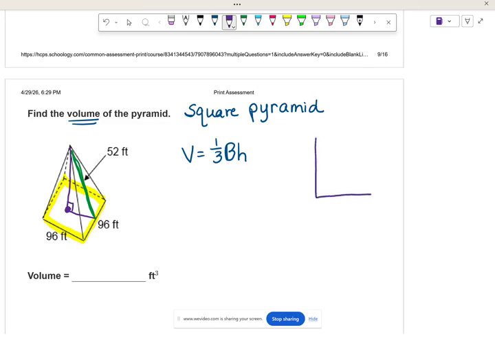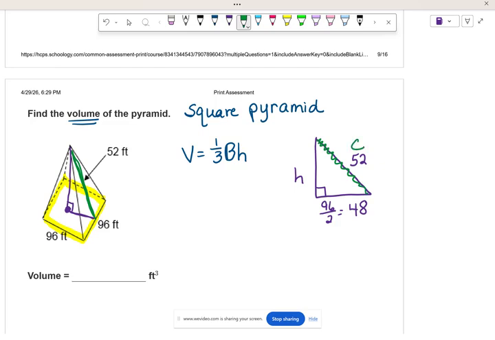Here's what that triangle looks like when we pull it out. We don't have the height. We do know the slant height is 52, and this bottom part only goes halfway across. Half of 96 would be 48. All right, here's my hypotenuse C.